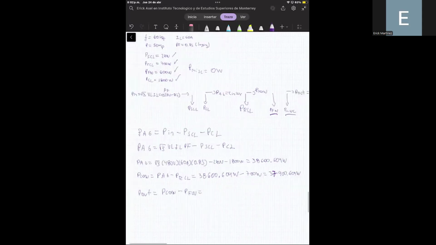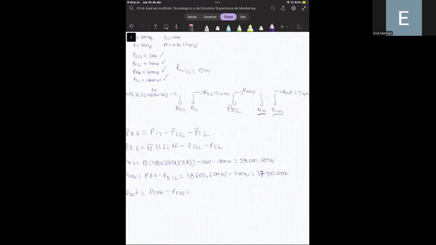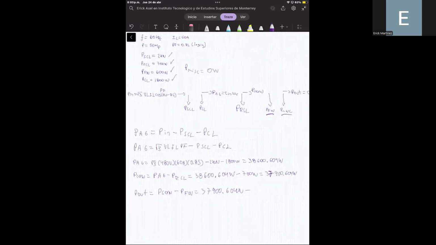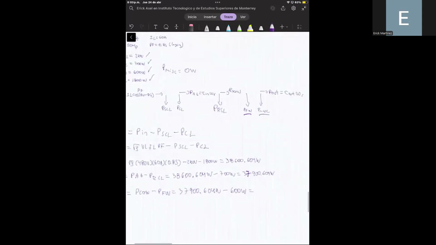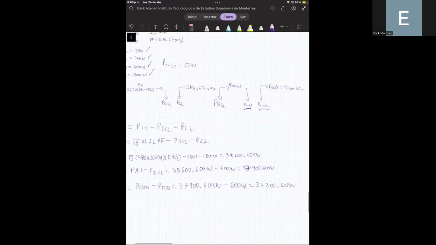The converted power, according to the previous result, was 37,900.64 watts minus the friction and windage losses, that is 600 watts, and this is equal to 37,300.64 watts. Now, this is the output power.